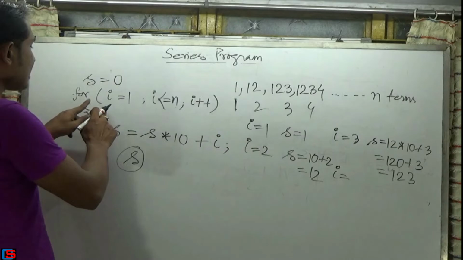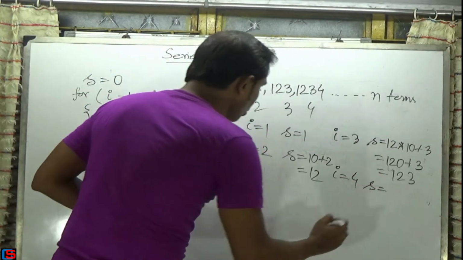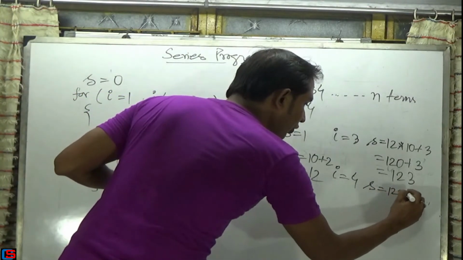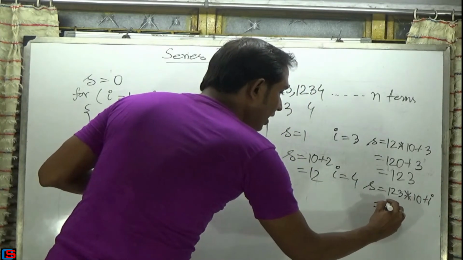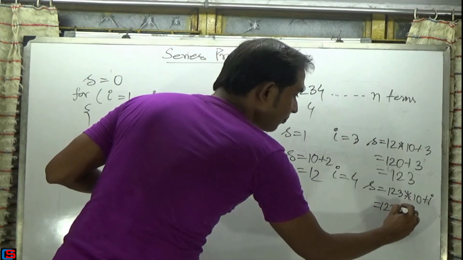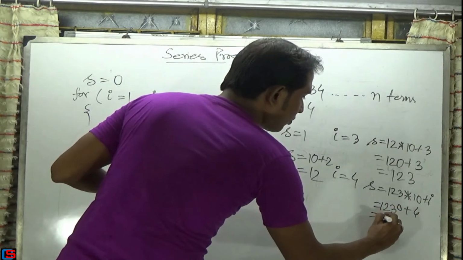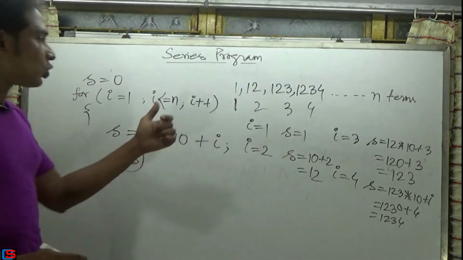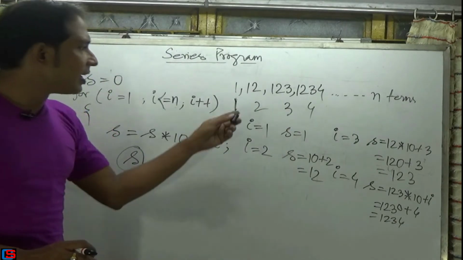Then the value of i increases and becomes 4, and the last value of s is 123, so 123 multiplied by 10 plus i, 1230 plus 4, becomes 1234. So the value 1234 is printed here. This series program is basically done in this way.